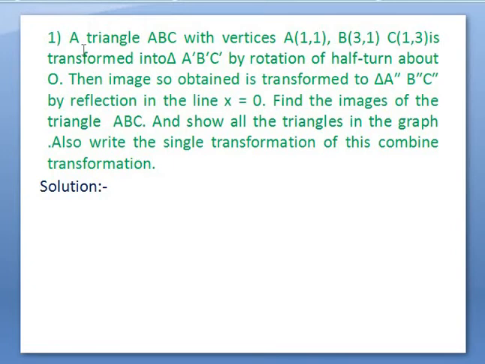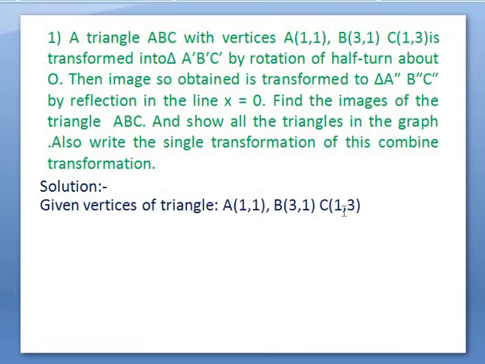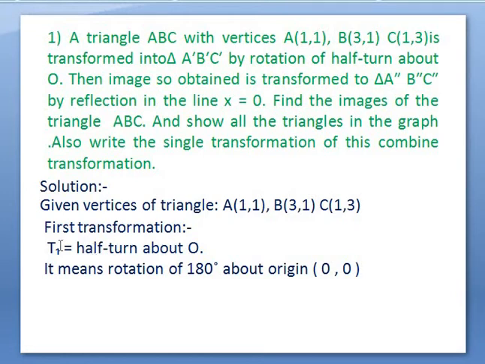So the given vertices are A(1, 1), B(3, 1), C(1, 3). Now we identify the transformations. The first transformation, let it be T1, is a half turn about O. It means rotation of 180 degrees about origin (0, 0).